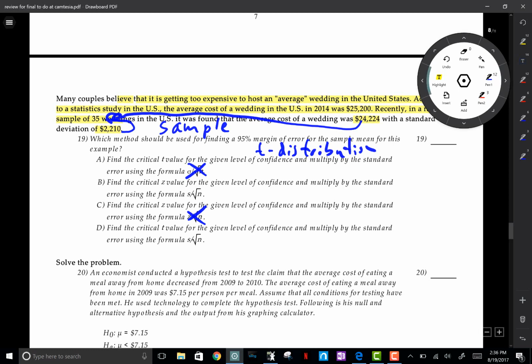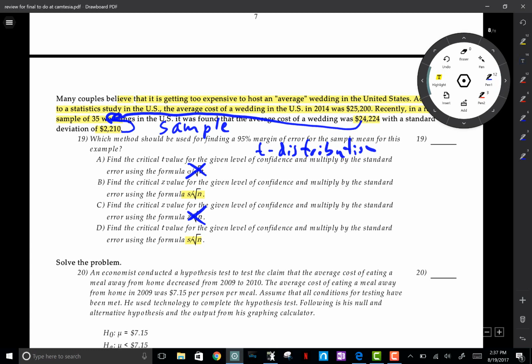If you look at B and D, both of them have the same standard error, so that's good. B says find the critical z value for the given level of confidence and multiply by the standard error using the formula of s divided by square root of n. For D, it's saying find the critical t value for the given level of confidence and multiply it by the standard error using the formula.